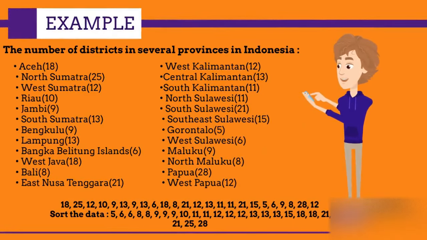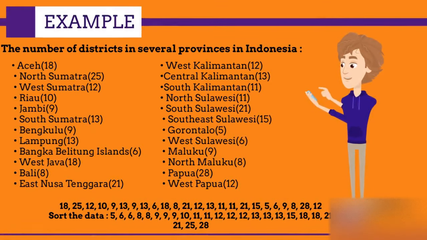Okay guys, so here's the example. So for the example, I take the number of districts in several provinces in Indonesia, and this data I took from infojabodetabek.com. From the data above, we can write it down as 18, 25, 12, 10, 9, 13, 9, 13, 6, 18, 8, 21, 12, 13, 11, 11, 21, 15, 5, 6, 9, 8, 28, 12.